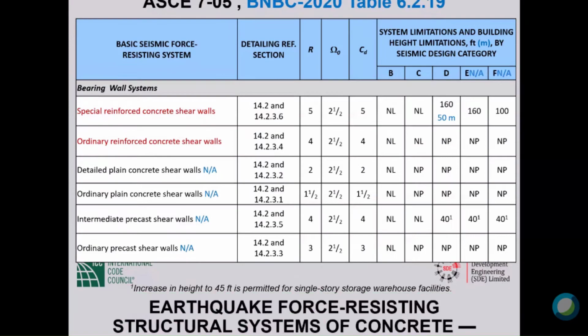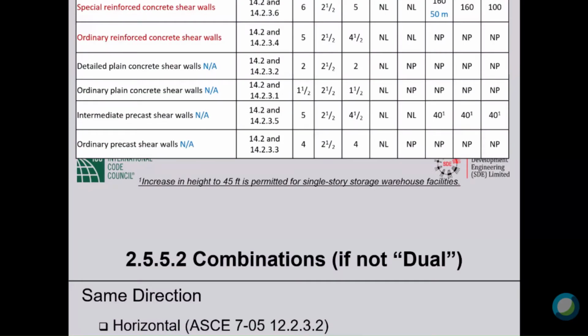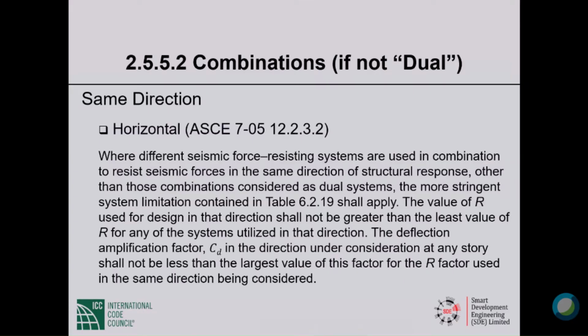Combinations of structural systems are talked about in ASCE 7 as well as BNBC. If you have a combination in the same direction, moment frame, shear walls, and if the combination is not designed as a dual system, then the rule is that you shall design for the lowest R value of all the systems that are strung together.